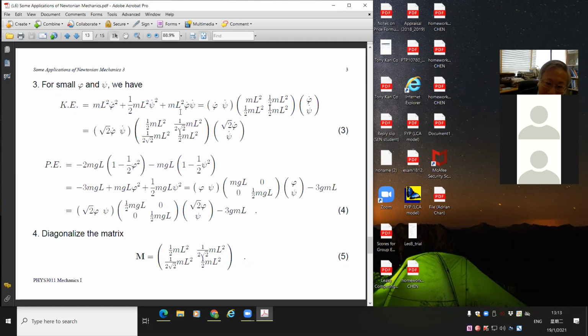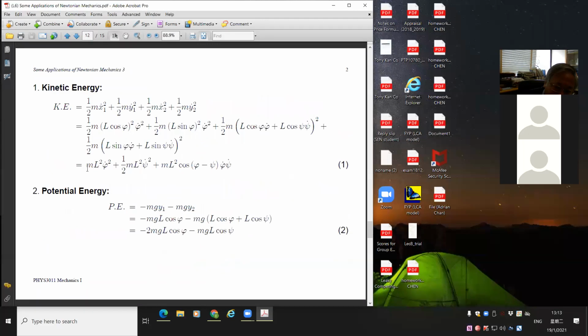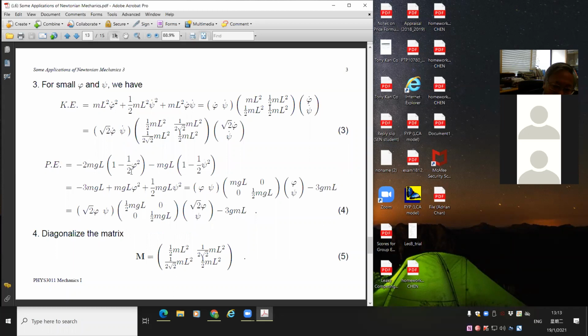And again, we can rewrite this expression in terms of matrices and vectors. All right. Now the potential energy, again, for small psi and small phi, we can approximate the cosine function by the first two terms. So we have this. Again, we rewrite the expression in terms of matrices and vectors, and we get this.